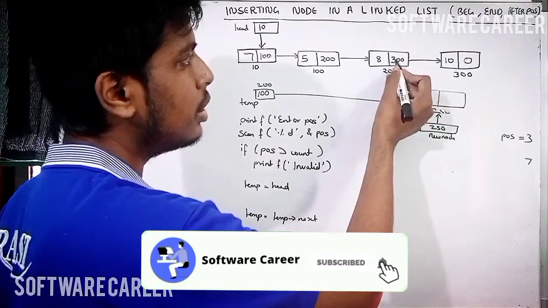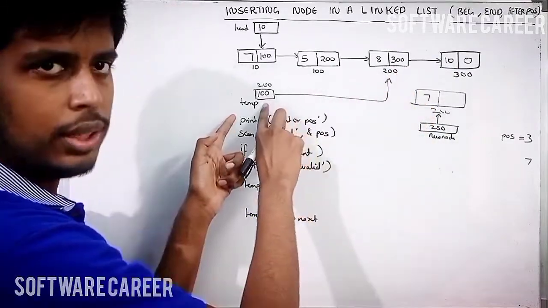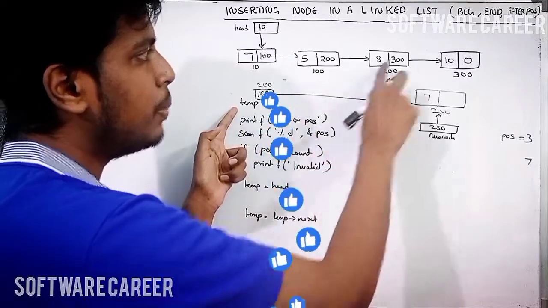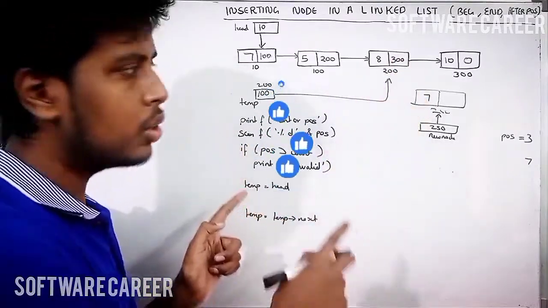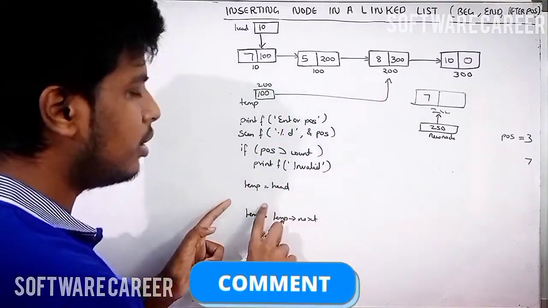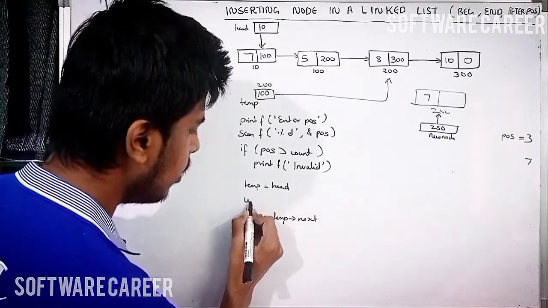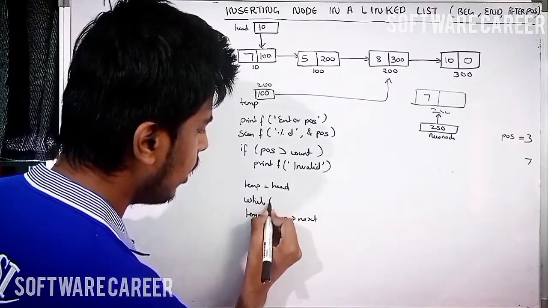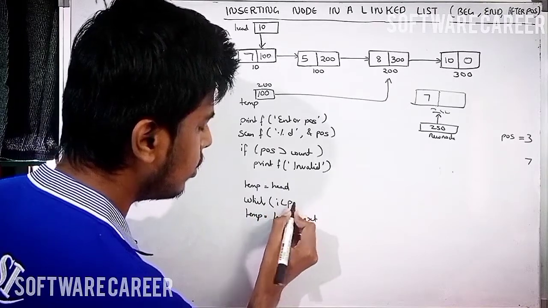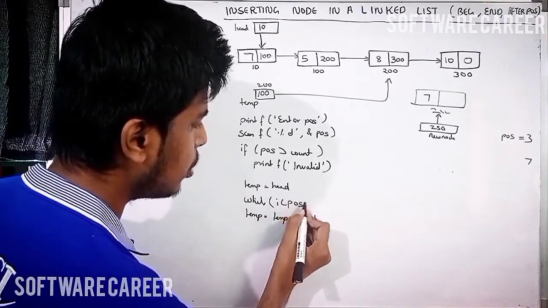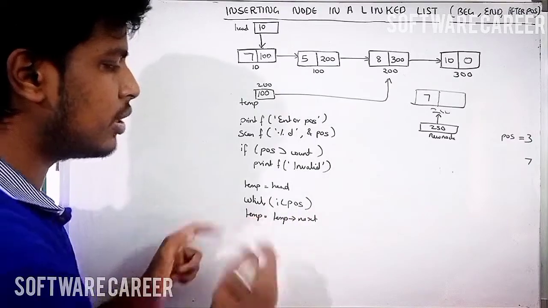Now you can access this pointer by using temp. If you write temp next, you can access this pointer. So you should stop here. So I should write a terminating condition. See here, I am writing while I less than position. Now what is this I?